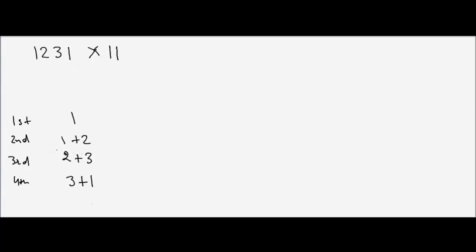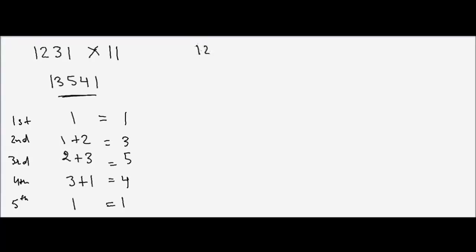The first digit will be equal to 1, the second will be 1 plus 2, the third will be 2 plus 3, and the fourth will be 3 plus 1, and then we are left with the fifth, which is equal to 1. So the answer is 1 3 5 4 1.